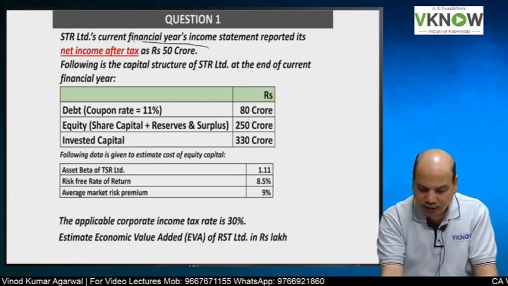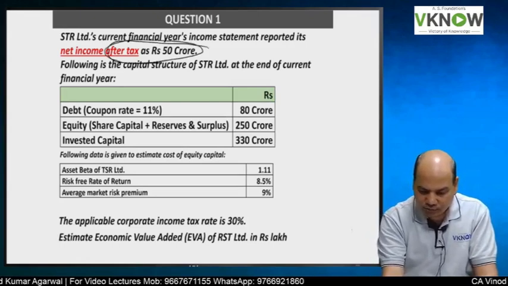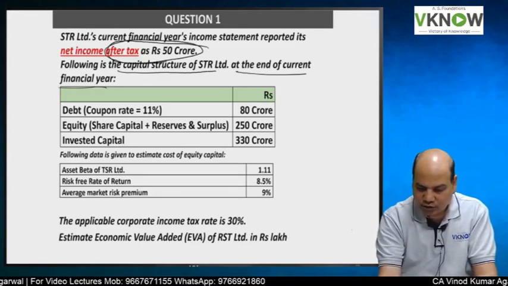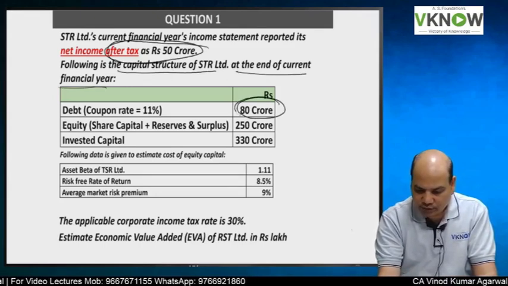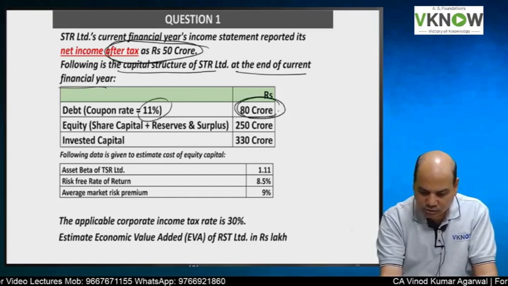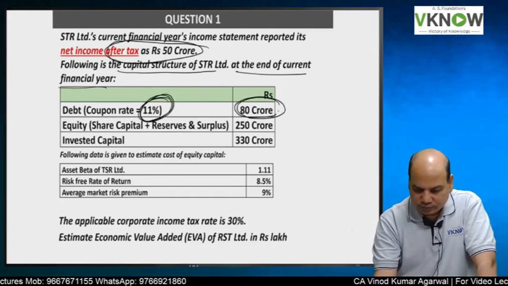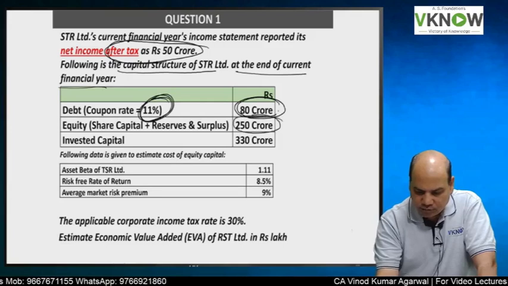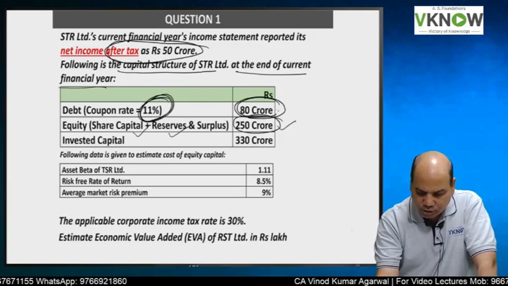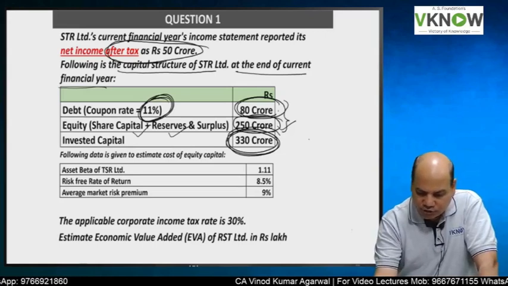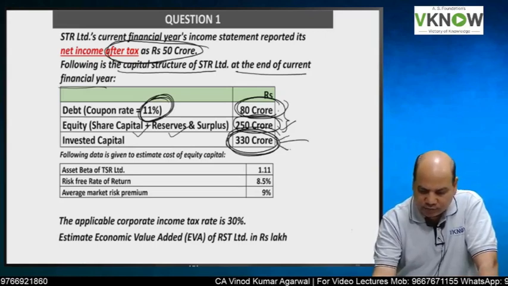So they have given you PAT 50 crore. Following is the capital structure at the end of the current financial year. So you have debt 80 crore on which you have to pay interest at the rate 11%. Then equity, means share capital plus reserve, 250 crore. Total of these two, which is my invested capital, is 330 crore. So this is my capital employed.